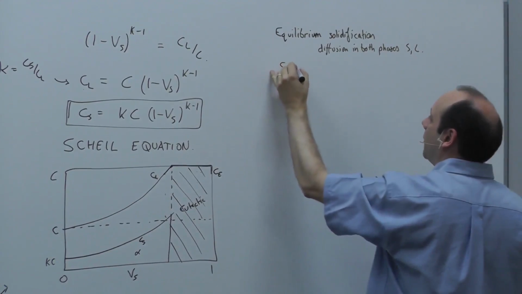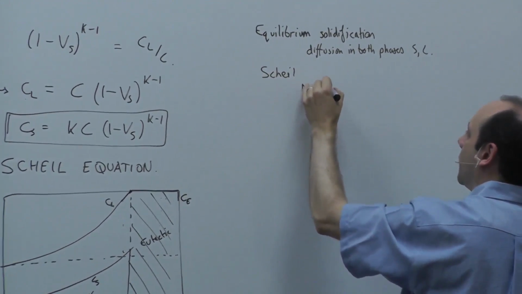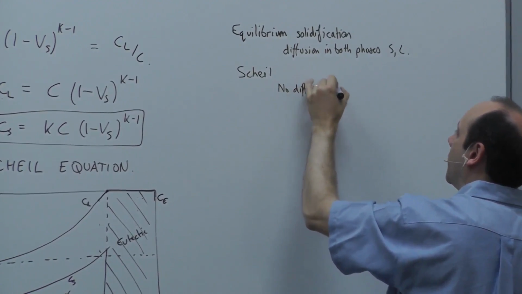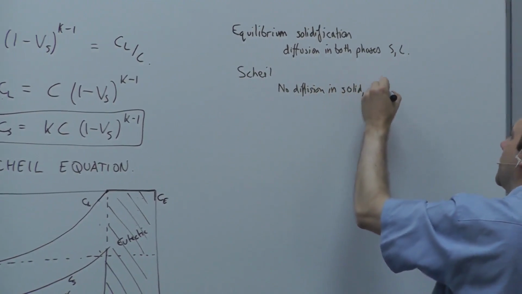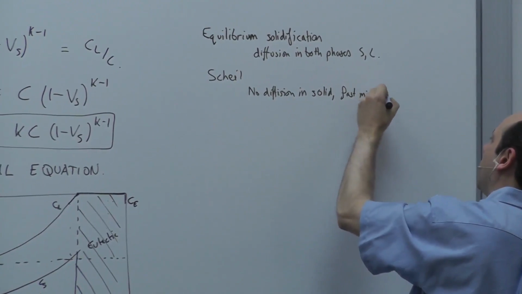And we have Scheil, where we have no diffusion in the solid and fast mixing in the liquid.